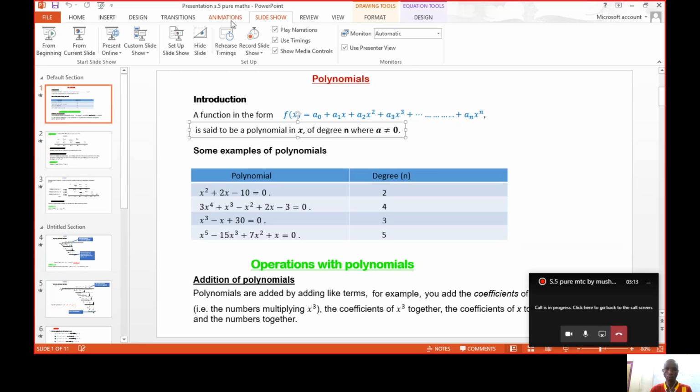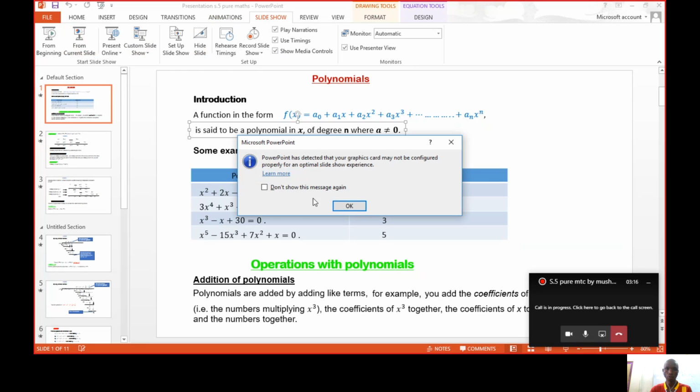polynomials. So when you come to polynomials, it is not something very new. You can see polynomials that we can write down. From primary you have been talking about polynomials, but indirectly, because you did not know.